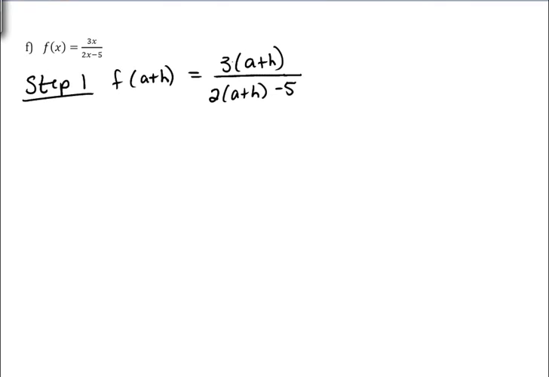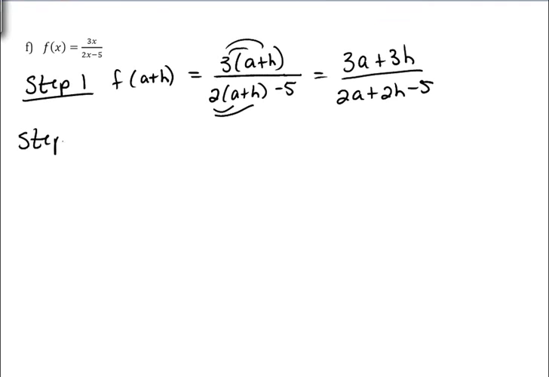Distribute the 3 in the numerator and the 2 in the denominator. That gives us 3a plus 3h over 2a plus 2h minus 5. And there isn't anything we can do to simplify this, and so we move on to step 2.